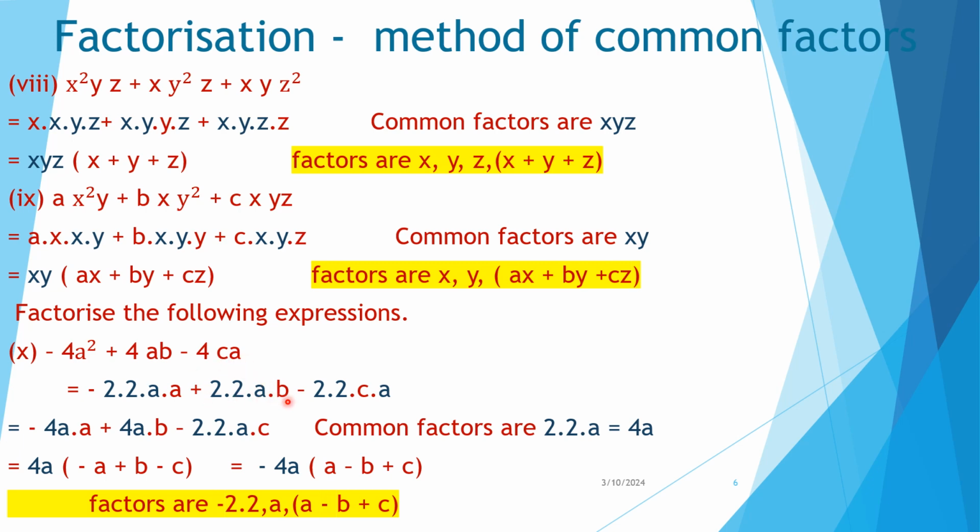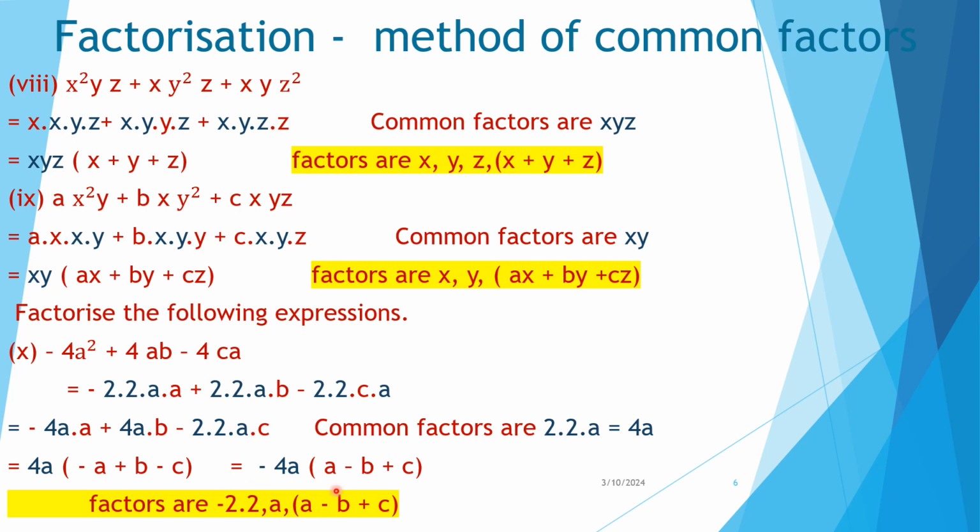And third term is minus 2 into 2 into c into a. So I have common factor as 4a. I have written this in blue. So 4a I take common, and within the brackets I am left with minus a plus b minus c.